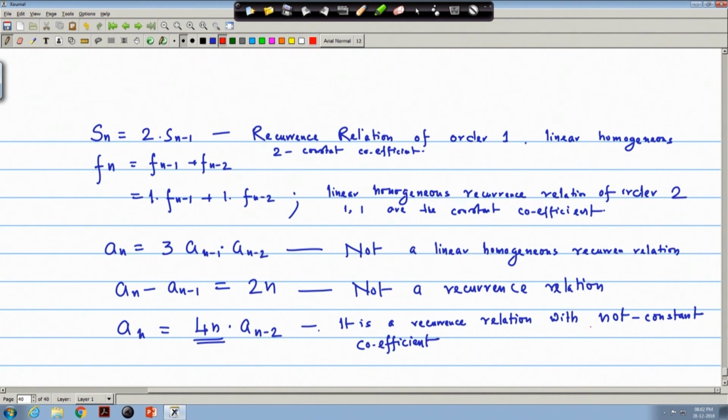So, now it is clear what we understand by a linear homogeneous equation with constant coefficient.